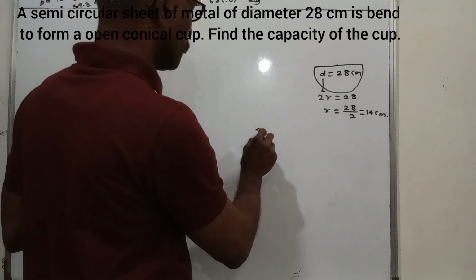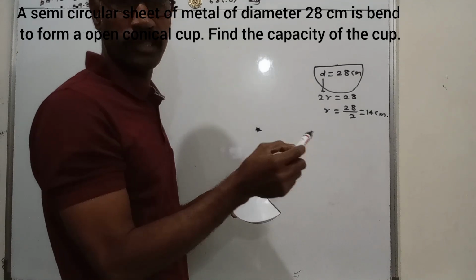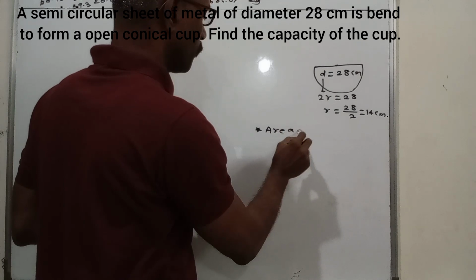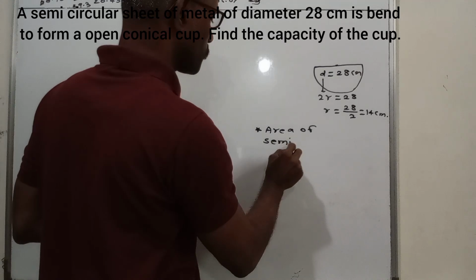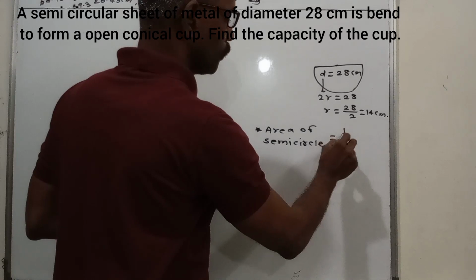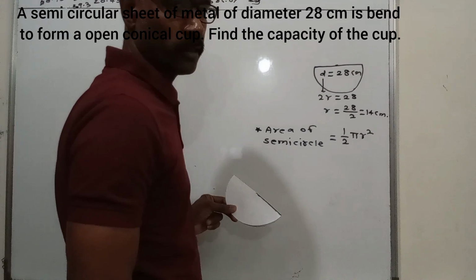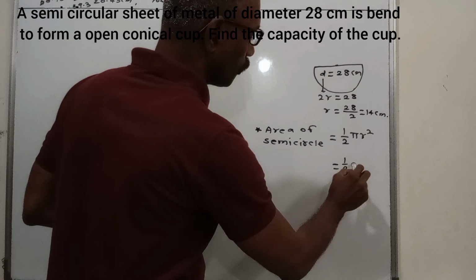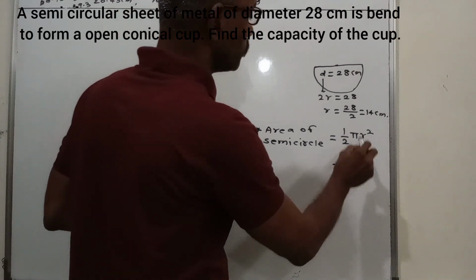Now first we will find the area of this semicircular sheet. Area of semicircle is equal to 1 upon 2 pi r square. Is equal to 1 upon 2, keep pi as it is. What is r?